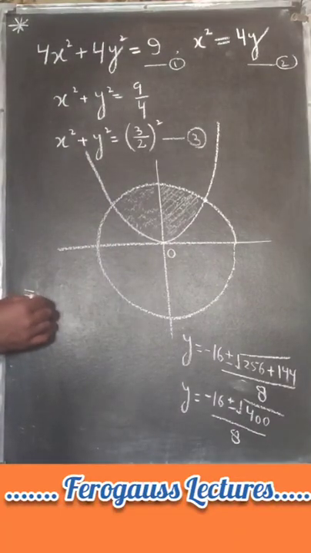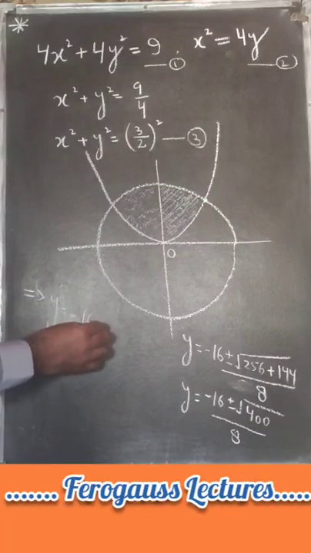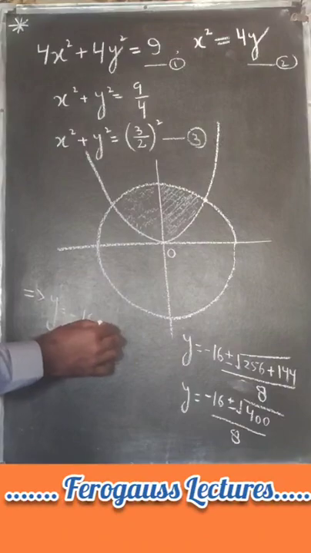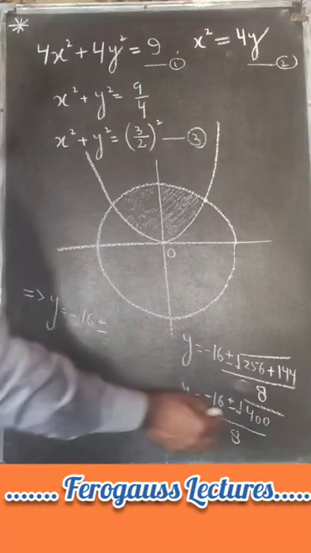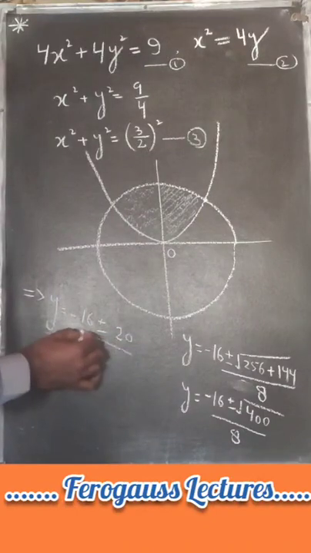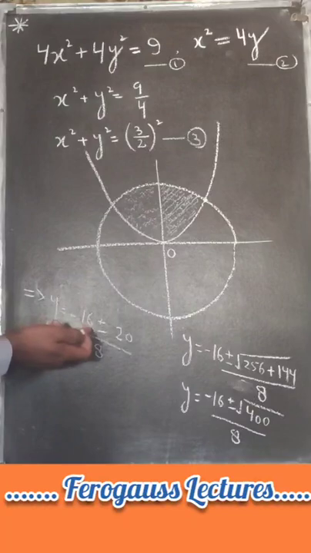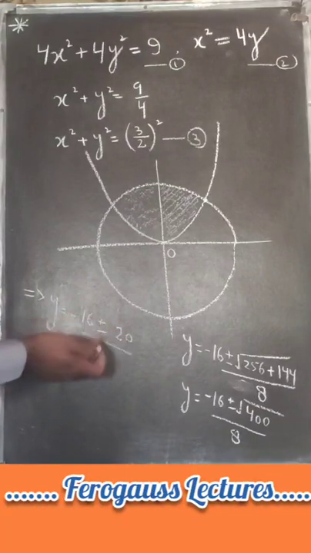That further implies y is equal to minus 16 plus minus square root of 400, that is equal to 20, divided by 8. So y is either minus 16 minus 20 by 8 or minus 16 plus 20 by 8.